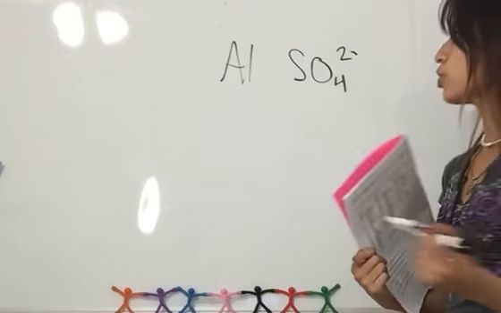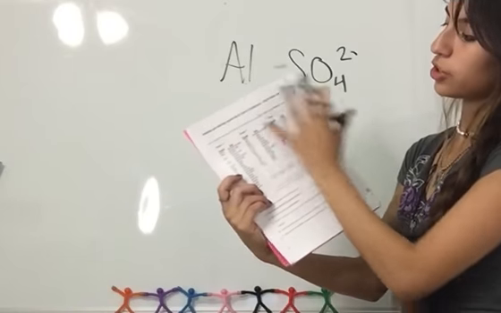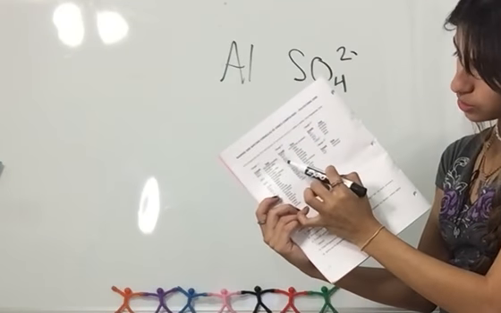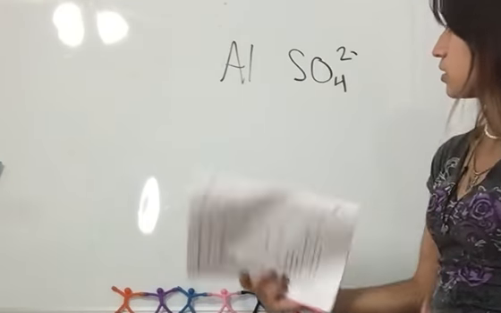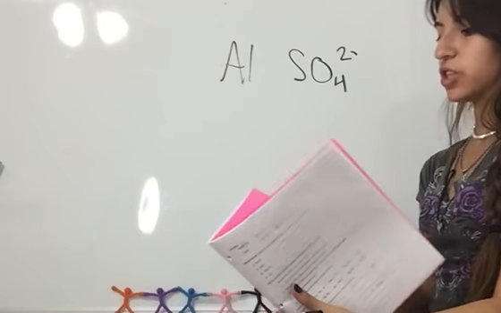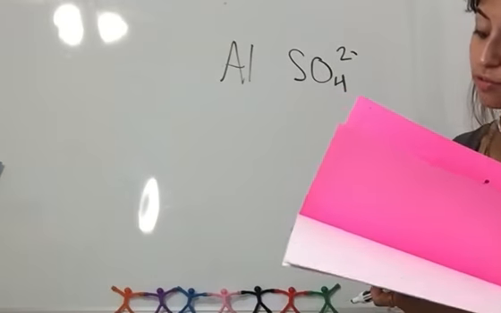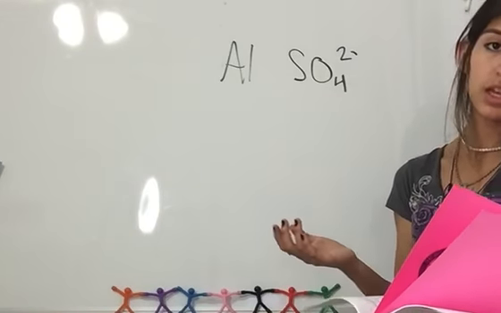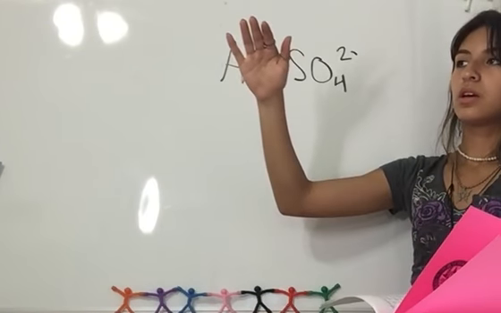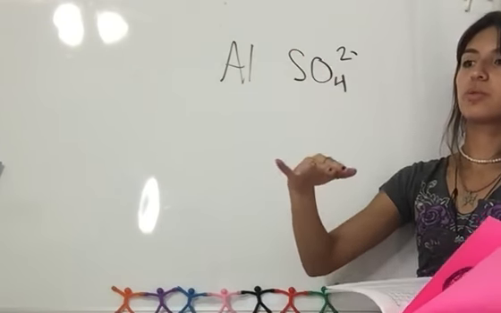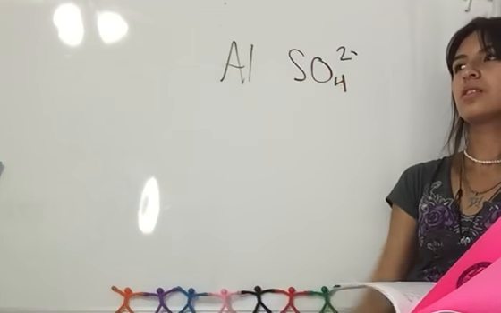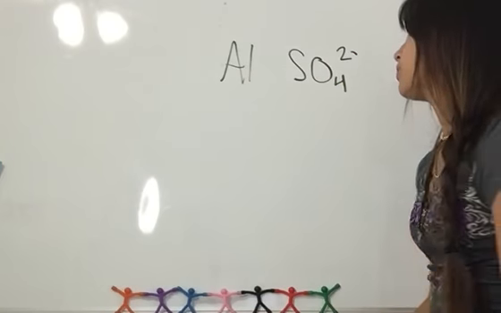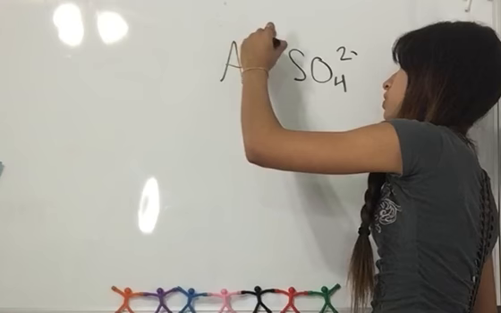You would be given the word sulfate and then you would have to look on the chart for sulfate and you would find SO4 with a charge of -2. Now aluminum, you would check on the periodic table. Aluminum has 3 valence electrons, so it would have to lose 3 to get to 8, because it's going to be easier for it to lose 3 than for it to gain 5. So this one has a charge of 3.